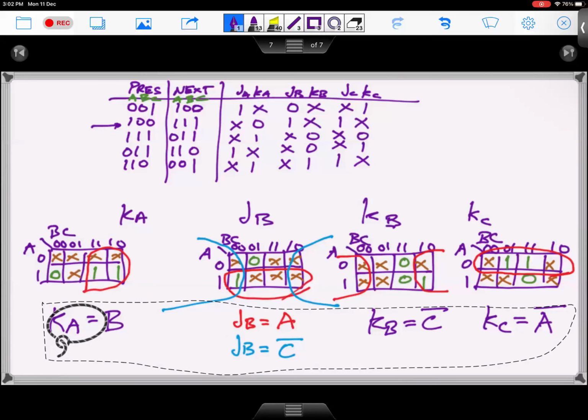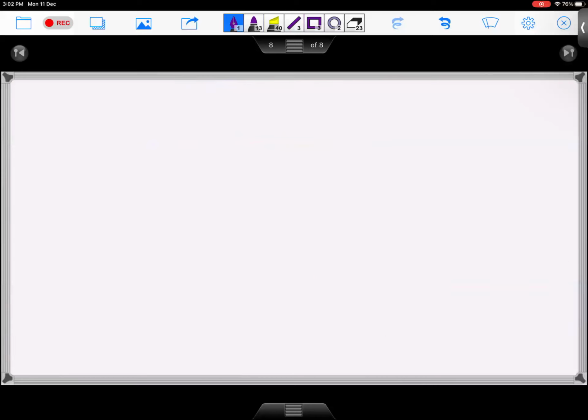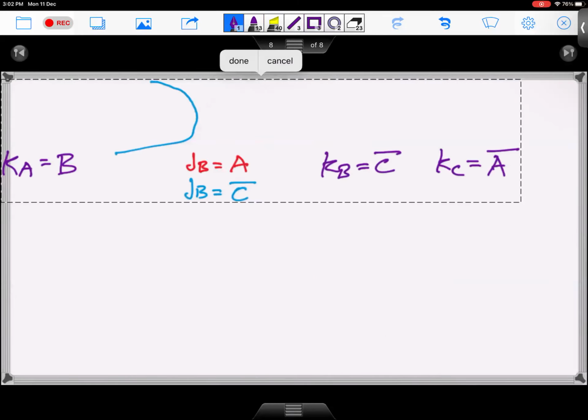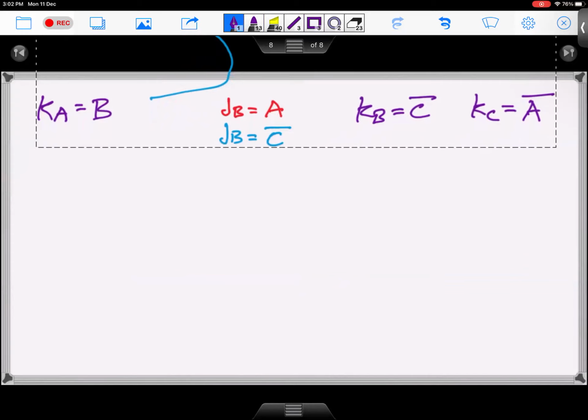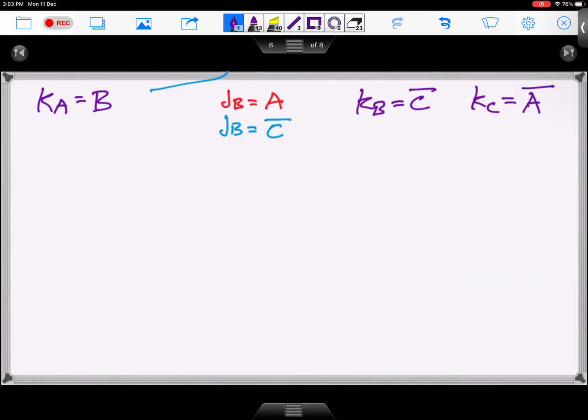Whether you pick one or the other, we only need that part. So we can rub out that.